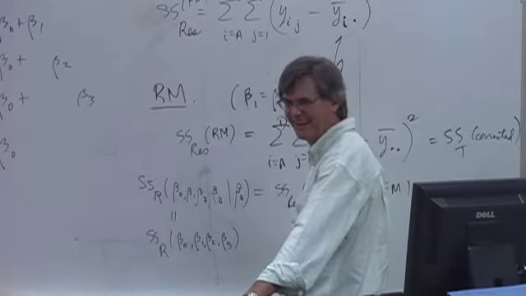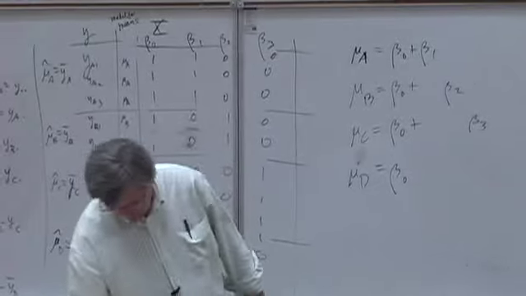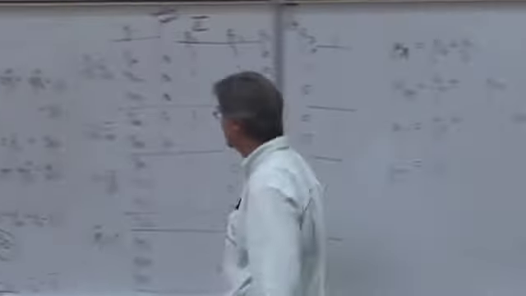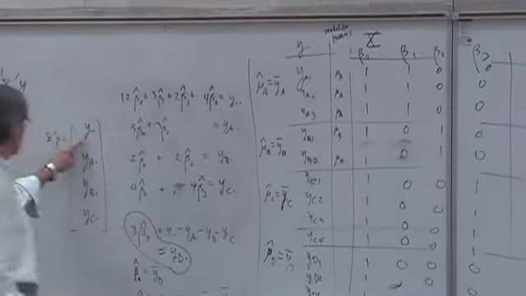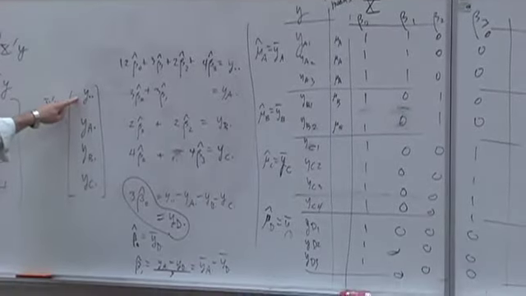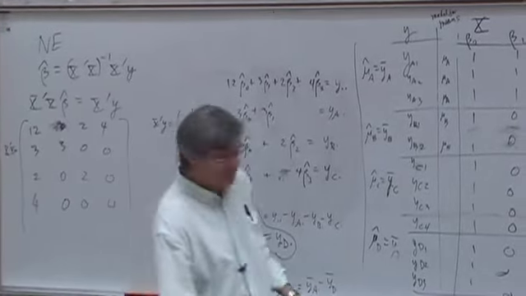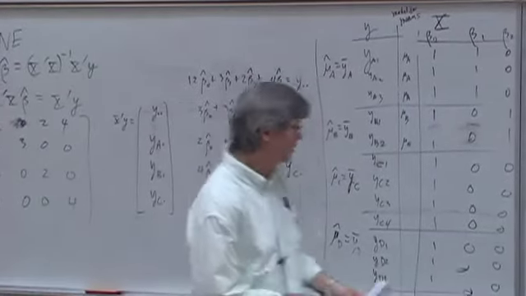He puts this as beta hat prime x prime y, which you can actually calculate in this way, and it comes out exactly the same type of formula, only it's not quite as symmetric. It comes out x prime y was here, n. Let's see, how does it come out? I'm sorry, this is not the same as this.